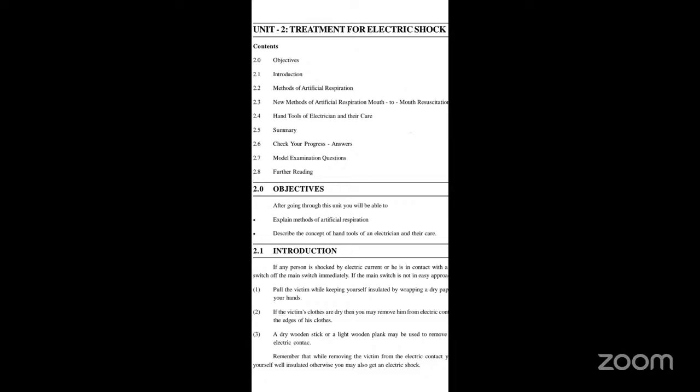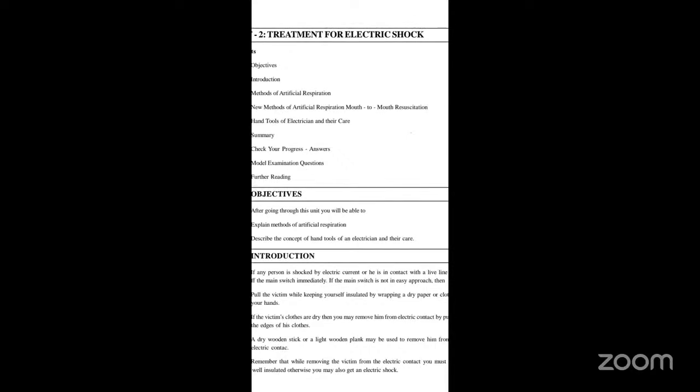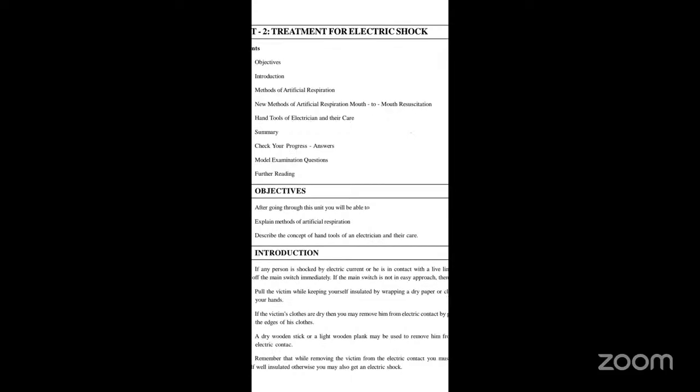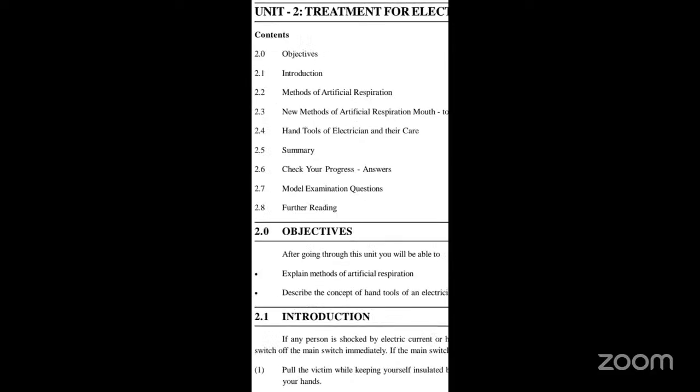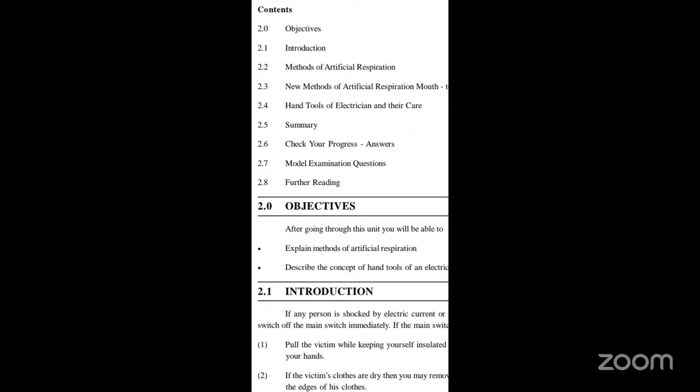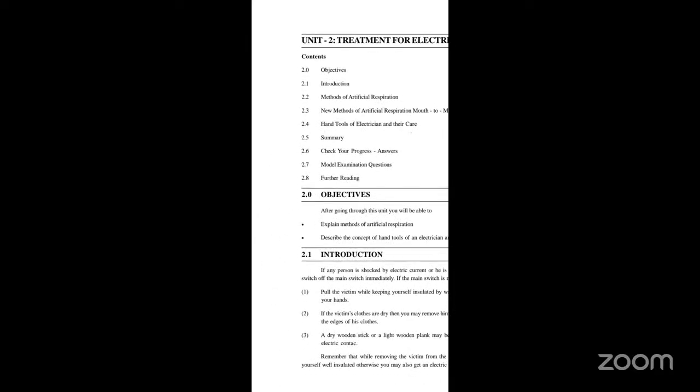Methods of artificial respiration, new methods of artificial respiration, mouth to mouth resuscitation. Now, hand tools of an electrician and their care. All of that we are studying in this unit on treatment for electric shock.